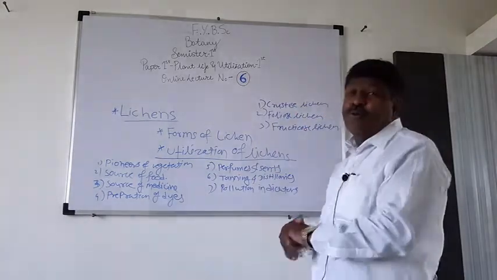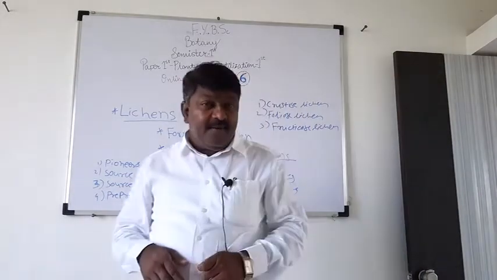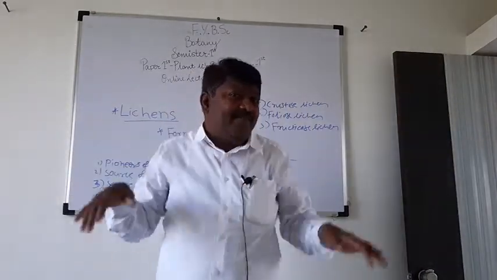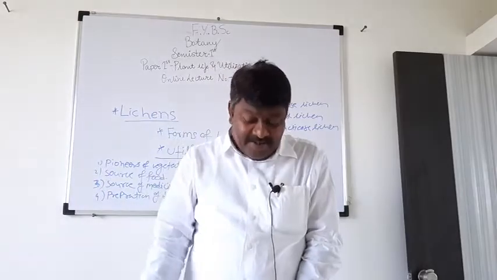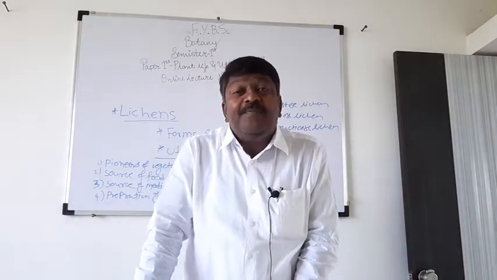Then we discuss about fructicose lichen. In this lichen, the thallus is not thin, flat. The thallus is erect and cylindrical, and it is branched also.